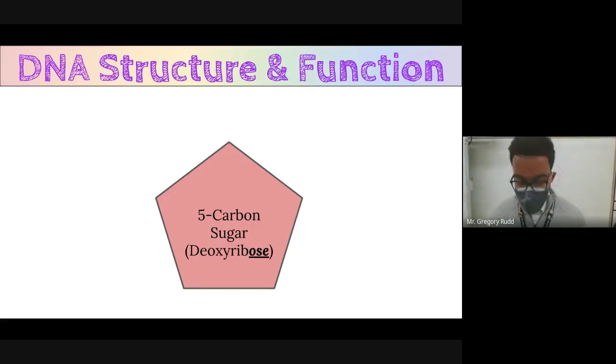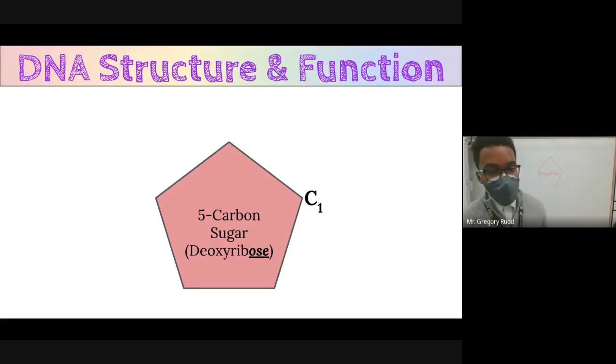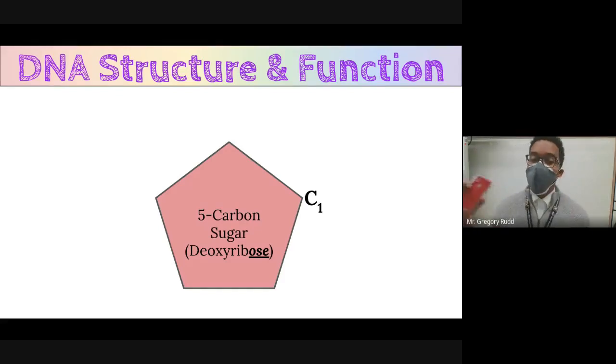So like I said, you guys are my honors class, so we're going to go a little bit deeper into the chemistry of this. It's a 5-carbon sugar, which means, of course, that it is made up of 5 carbons. So we can actually number the carbons. There's your first one. It's on the right corner. Then your second one is in the bottom right corner.